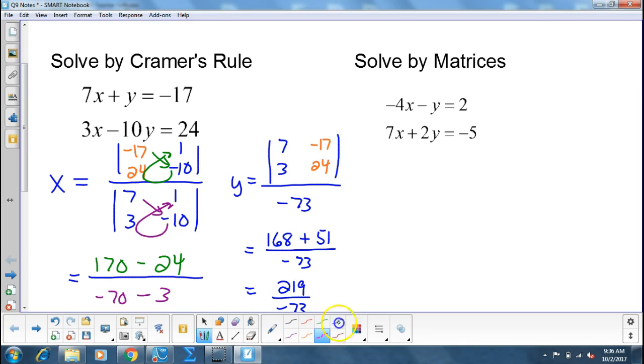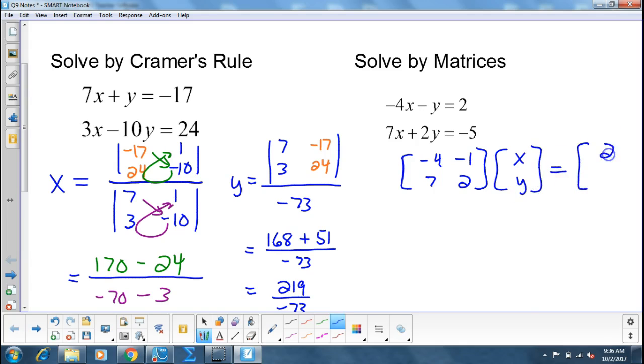Then it said solve the second one here by using matrices. So the first thing I'm going to do is write down my matrix equation: negative 4, negative 1, 7, and 2, times x and y, equals 2 and negative 5.